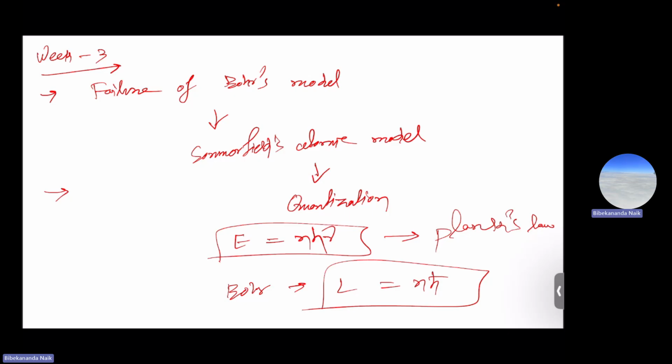Then there were discussions regarding space quantization, along with energy quantization and angular momentum quantization. Space quantization corresponds to the quantization of orientation of angular momentum. Along with that, the Zeeman effect was also discussed.